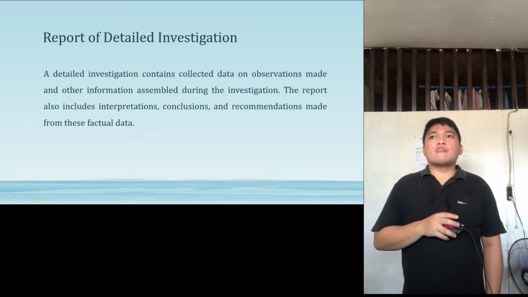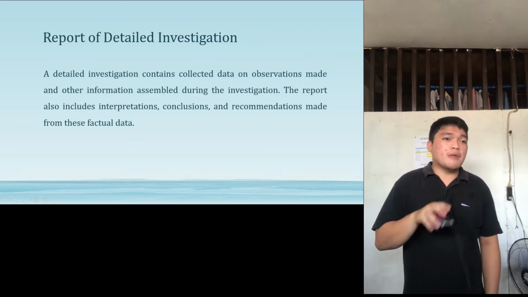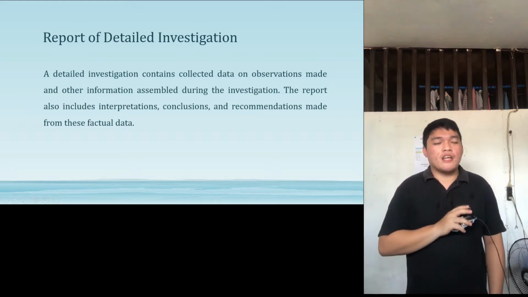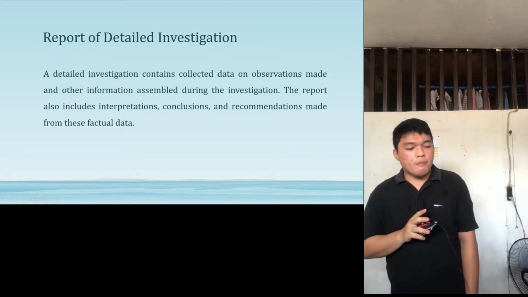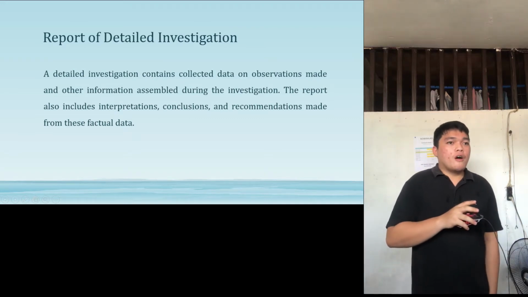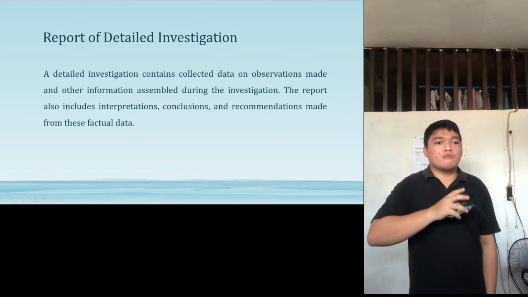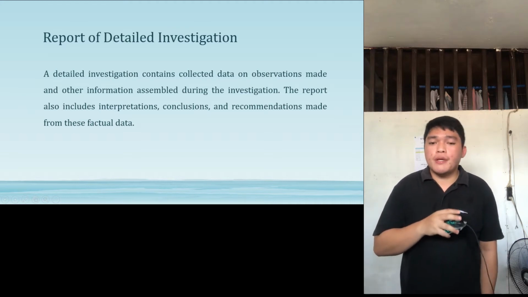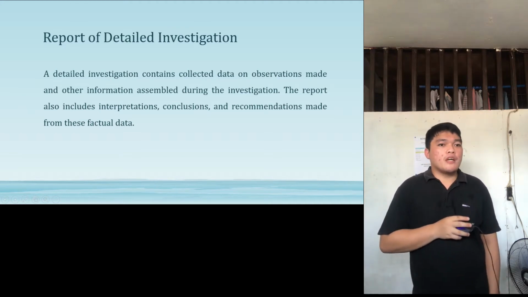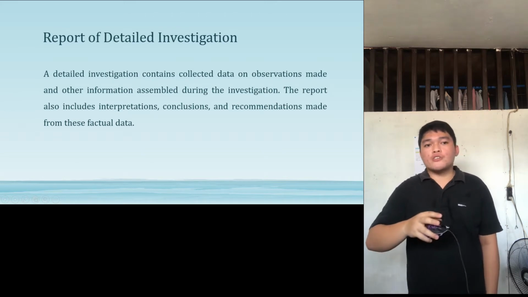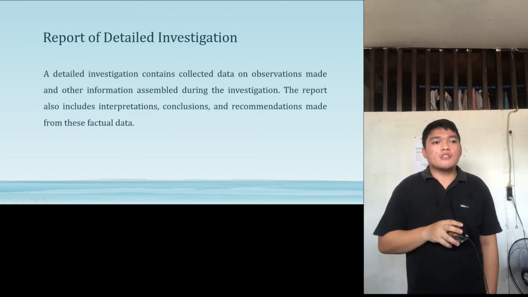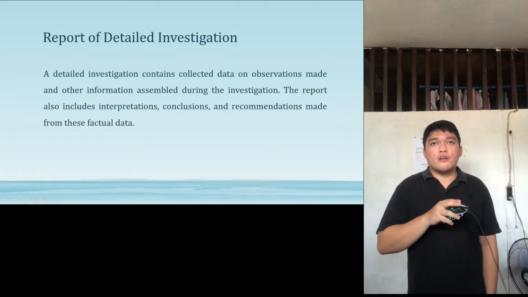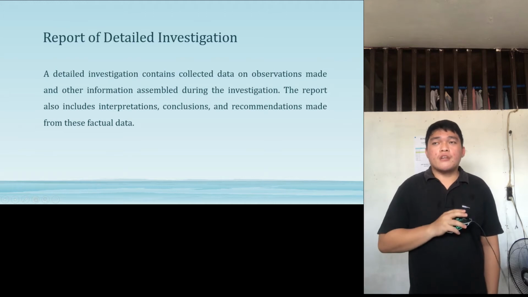It is like the report in preliminary investigation, but this is the detailed investigation and it will be the final investigation report to be used in our hydrologic investigations in determining subsurface resource. It contains all the conclusions, recommendations, and interpretations from the data that we have gathered based on the results of our investigation.